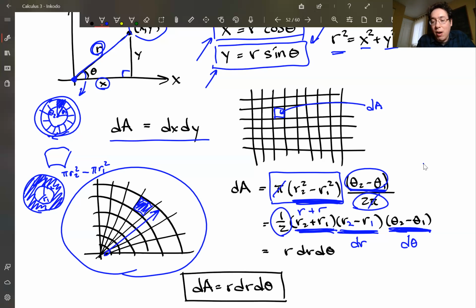But now I have R plus R, which is 2R. And then the 2 could cancel with the 1/2 in the front. And what we have is R times change in R times change in theta. So we can think of the area element of this little section, the windshield wiper section, as described by r dr d theta.